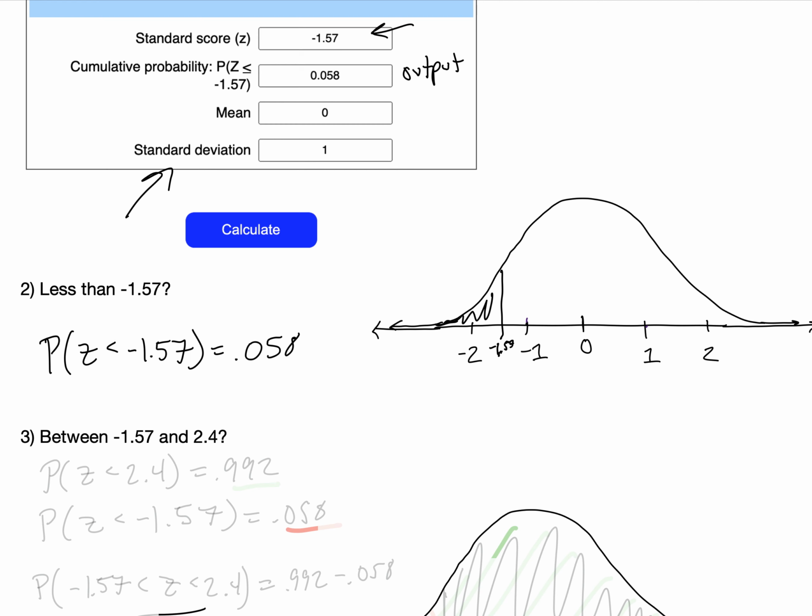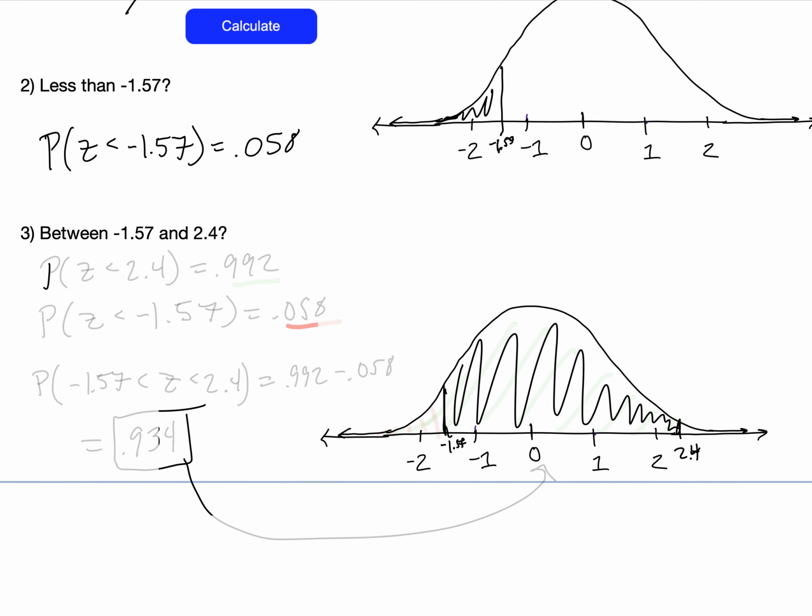And between negative 1.57 and 2.4, we are looking at negative 1.57 up to 2.4, and we're looking at the area under the curve between those two values. So what we need to do is find each probability and then subtract them.